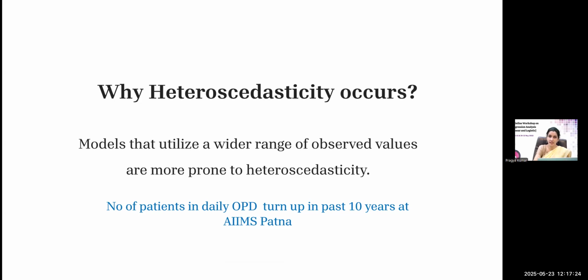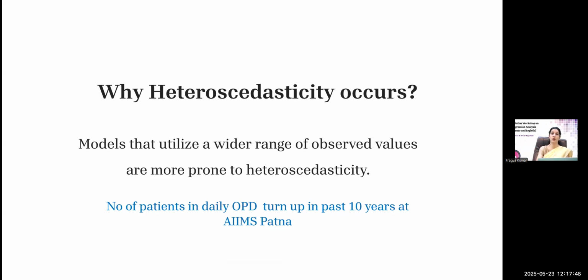If I take this data and try to model the number of patients coming to AIIMS Patna in the last 10 years, then there will be a lot of variance. Why? Initially, when there were fewer services, the number of patients was less. But when more services were added, of course the number of patients became large.